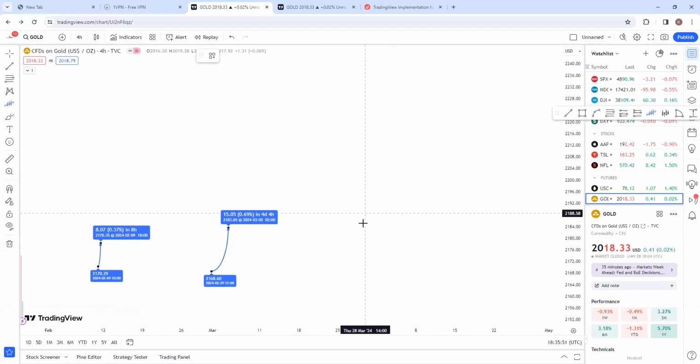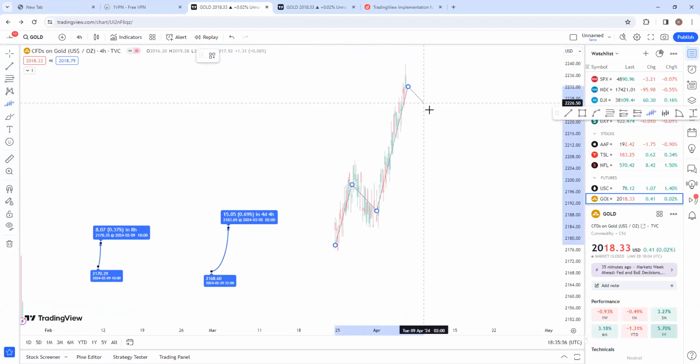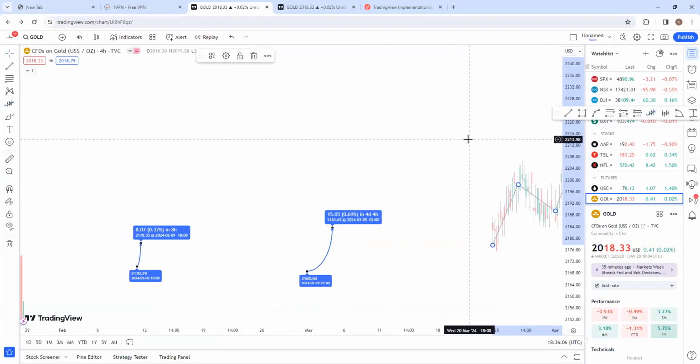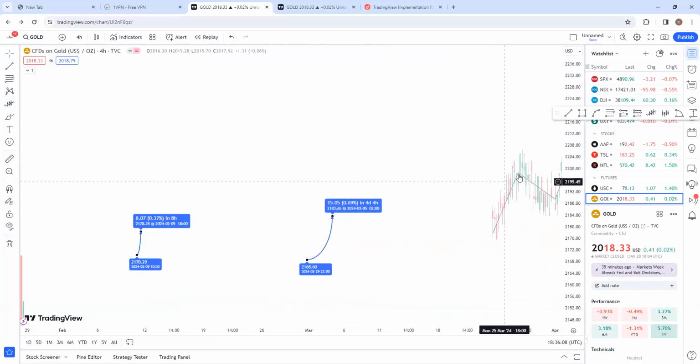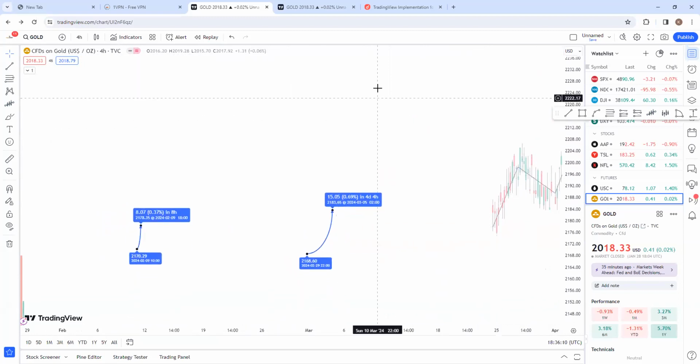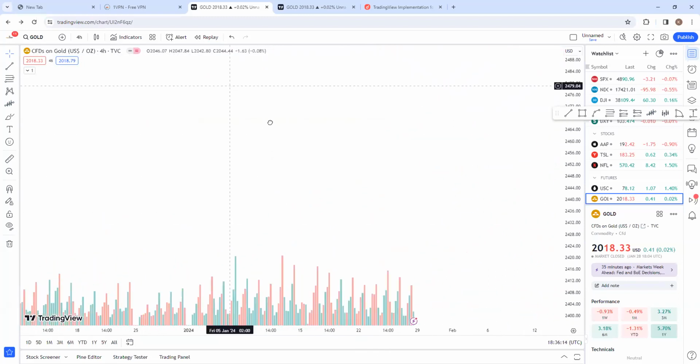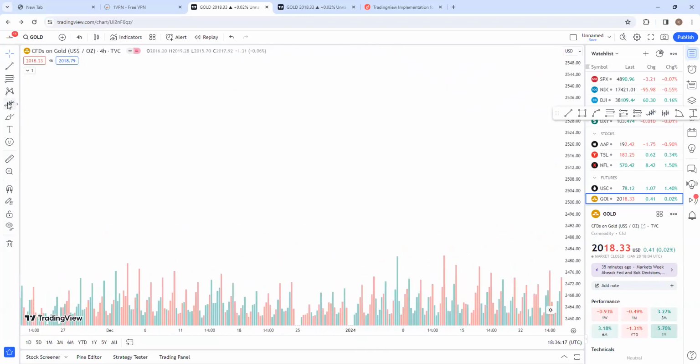Right, so let's say we are in an uptrend, and we change to a downtrend, there's going to be that last candlestick here. Oh, sorry, let me do it again. I don't know what's happening with my mouse here.